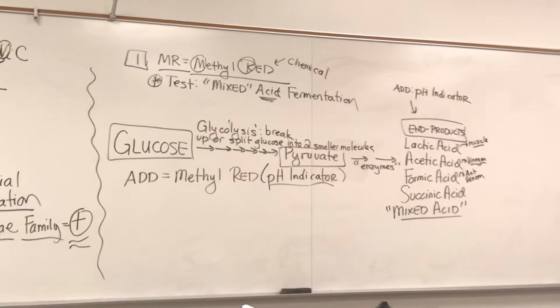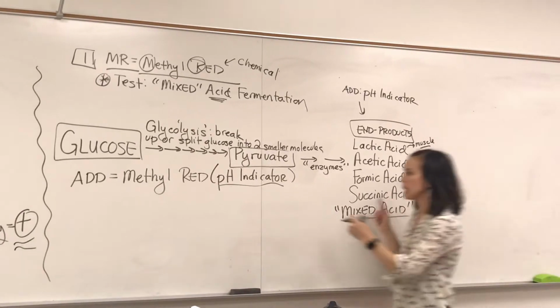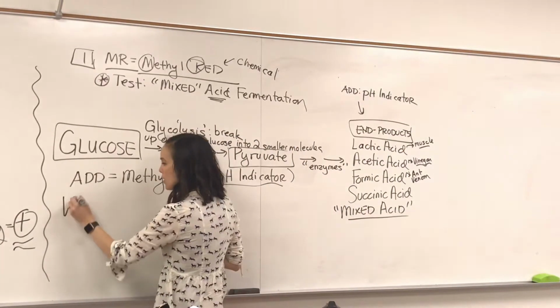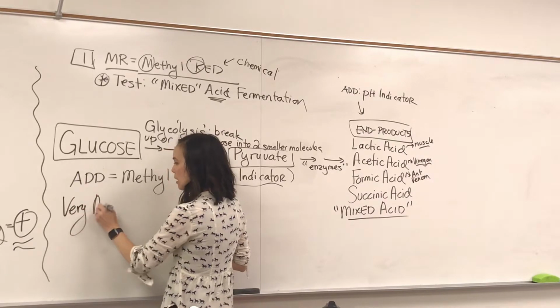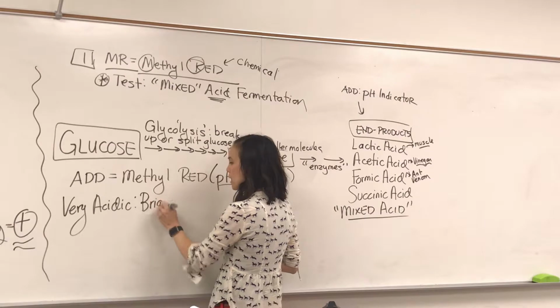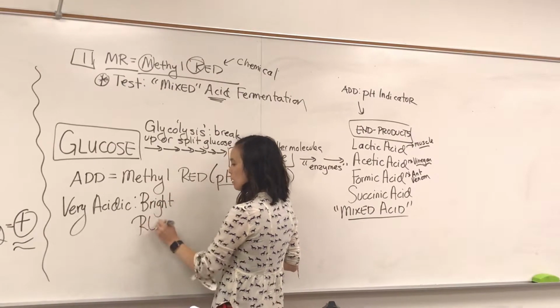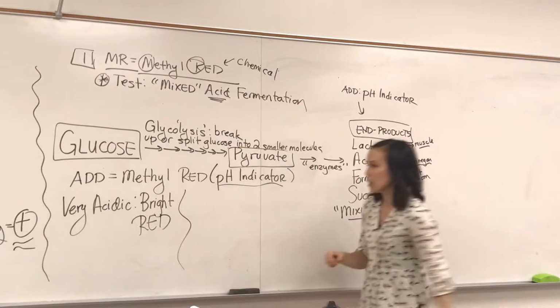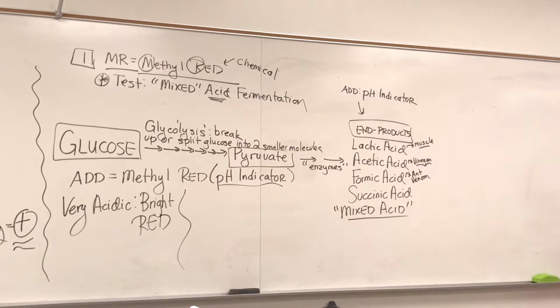And the way that the methyl red works is that if your pH is very acidic, you'll get a pretty bright red, and that's basically what we're going to look for. So if you do have the mixed acids in there, it should be pretty acidic.